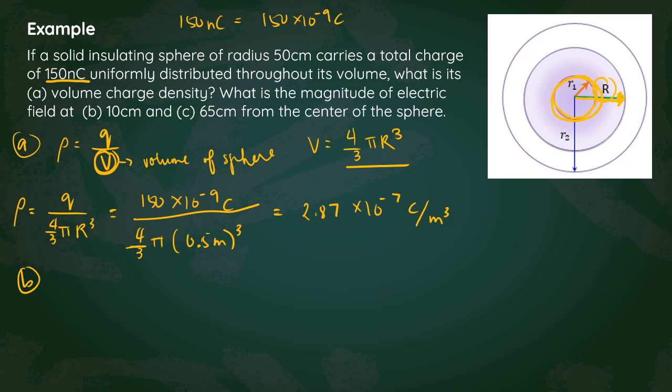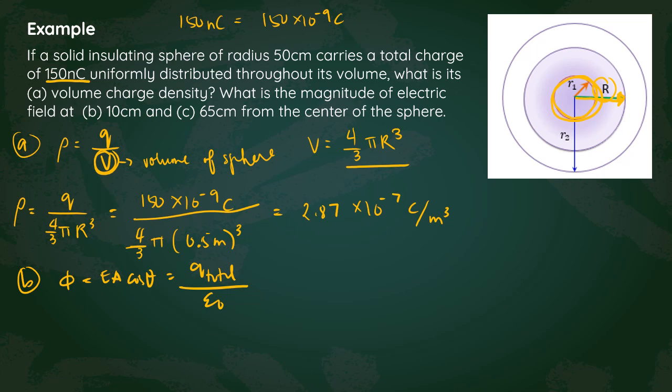Remember Gauss Law, where the total flux is equal to EA cosine theta, which is equal to the Q total divided by your permittivity of free space.